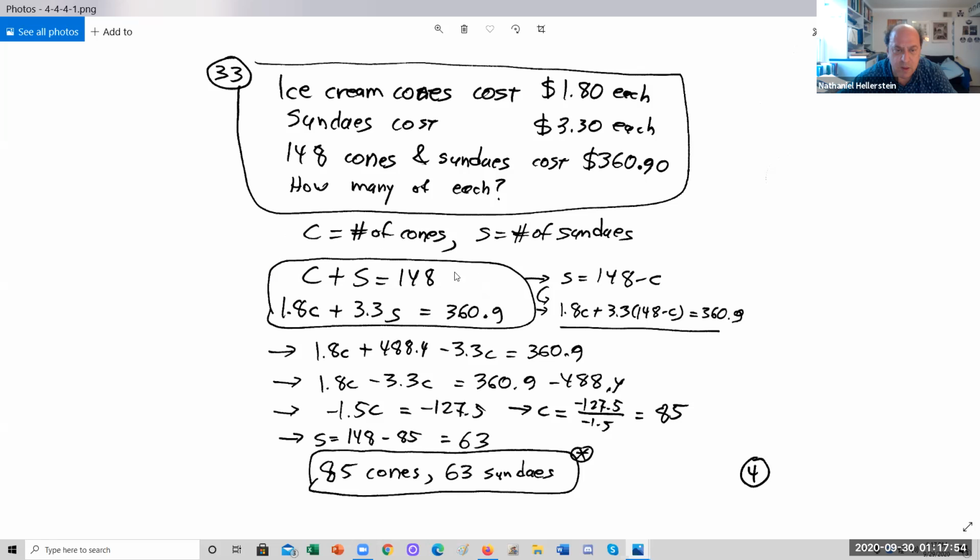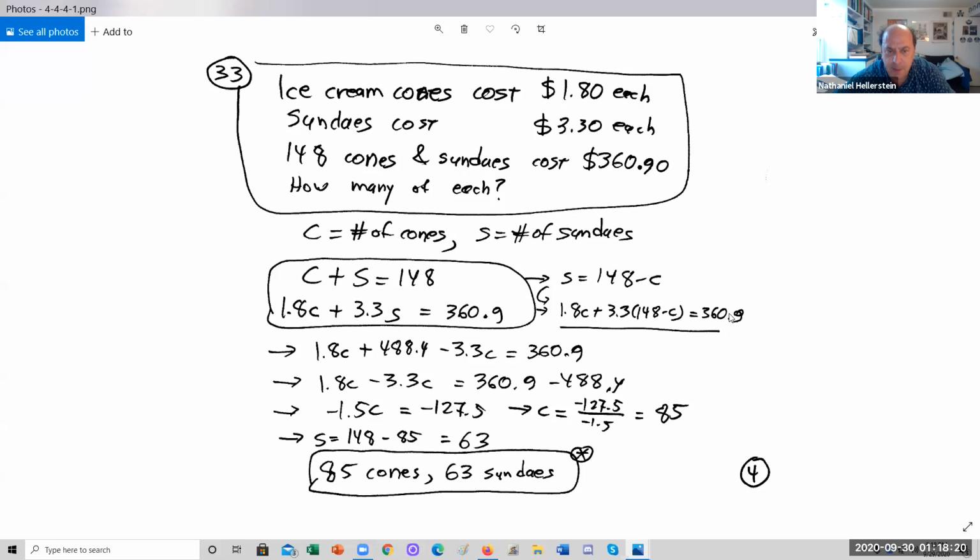For this one, we can solve by substitution. If C plus S equals 148, then S is 148 minus C. Just transpose the C. Now we can substitute 148 minus C for this S, and you get 1.8 C plus 3.3 times (148 minus C) equals 360.9.